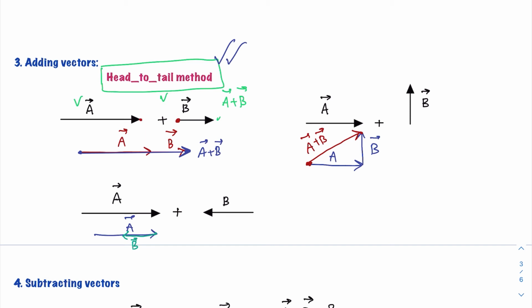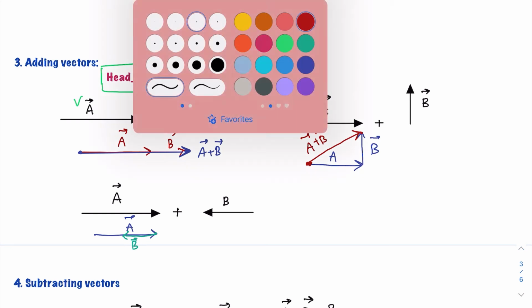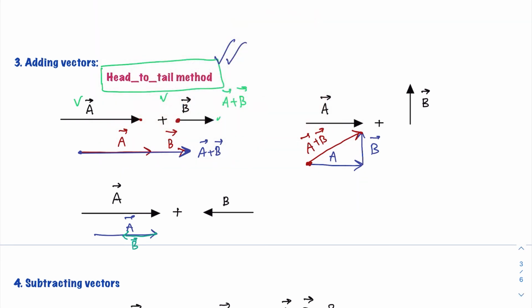We should be careful here, because we should keep track of where the head is and where the tail is. In this case, our tail is still the same tail of vector A, but the head has changed. So this point is our new head. Again, I will connect the tail to the head, and this is going to be my resultant vector. So this will be vector A plus vector B, this red vector.